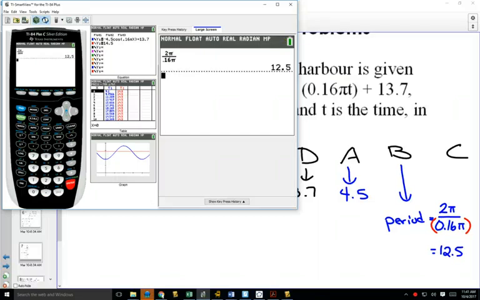The zero is not necessary. Because if you typed it like this, 2 pi divided by 0.16 pi, technically what your calculator does is order of operations: it does 2 times pi, divides by 0.16, and then takes that answer and multiplies by pi, and you get a much bigger answer than you should. So our period is 12.5.